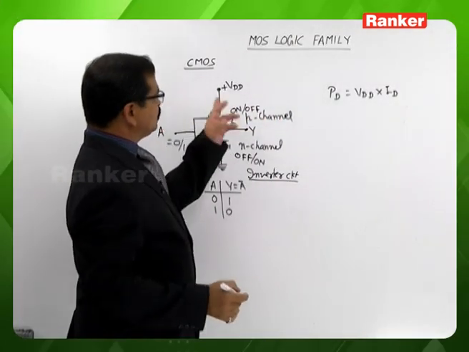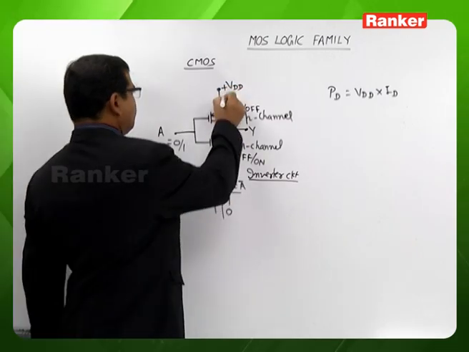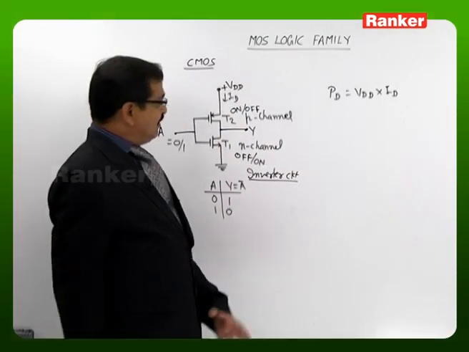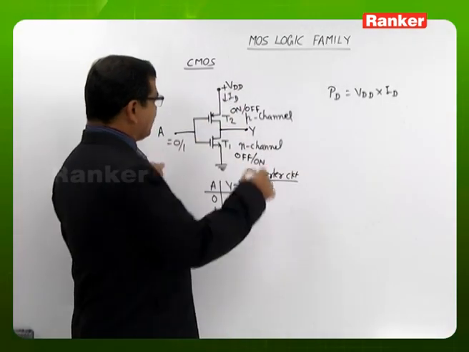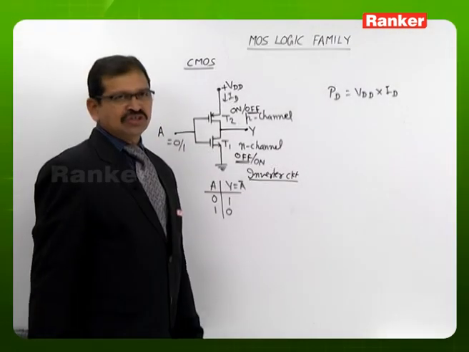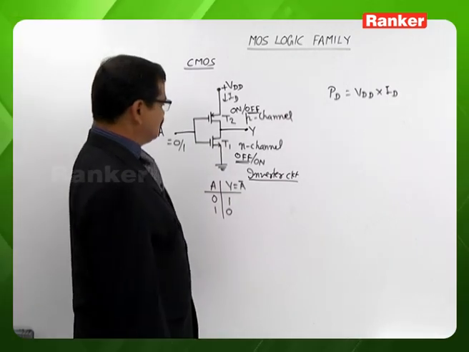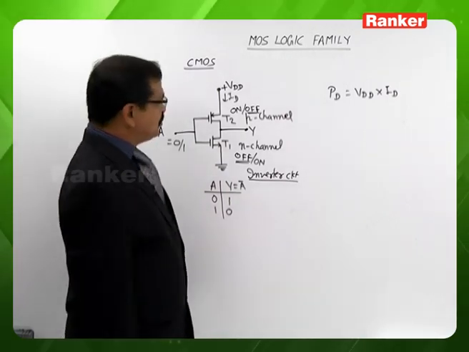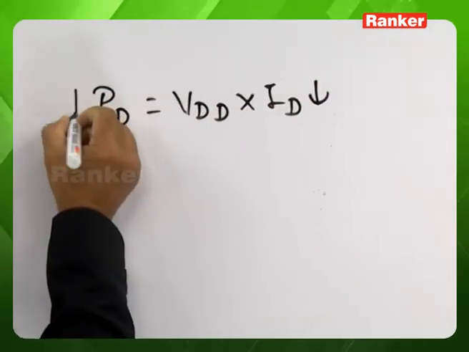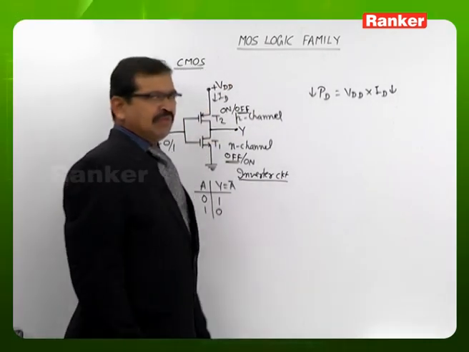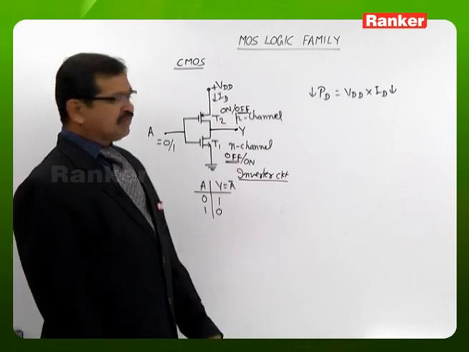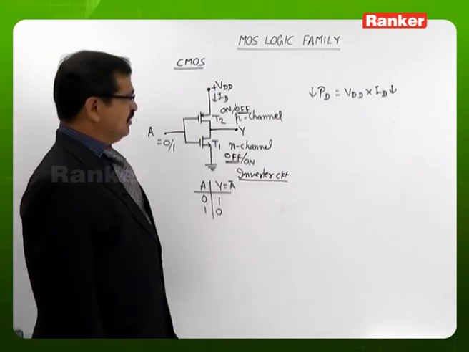If we look at this ID current from the supply to the ground, among these two transistors we are guaranteed that always one of the transistors is in the off state. Once the transistor is in the off state, the current drawn from the supply is always less, which makes the power dissipation less. Once the power dissipation is less, the power consumption is less. So it is a major advantage of the CMOS logic ICs.